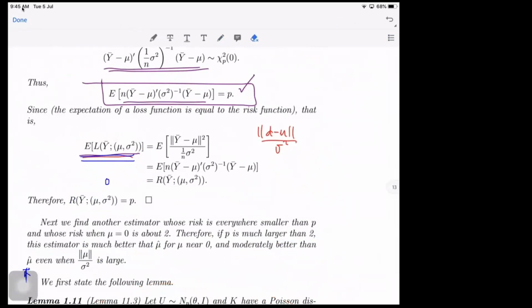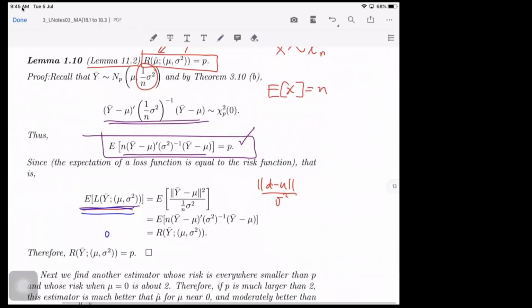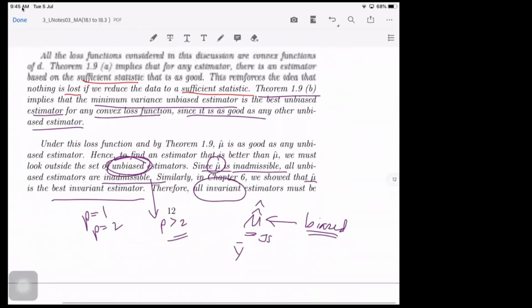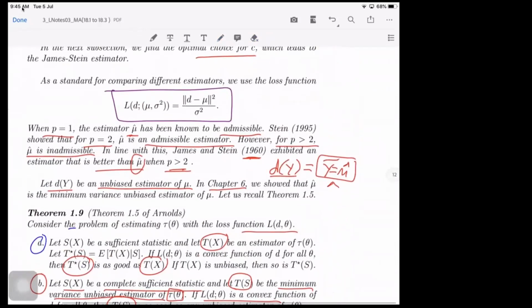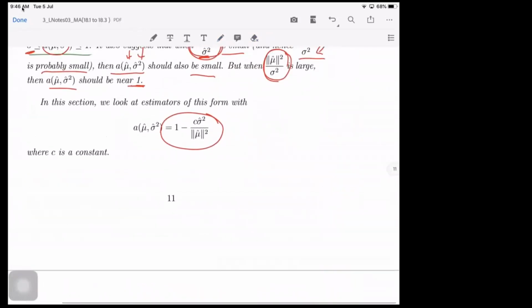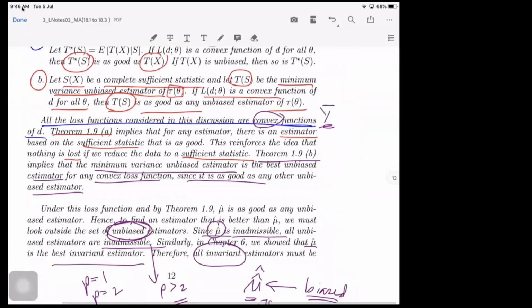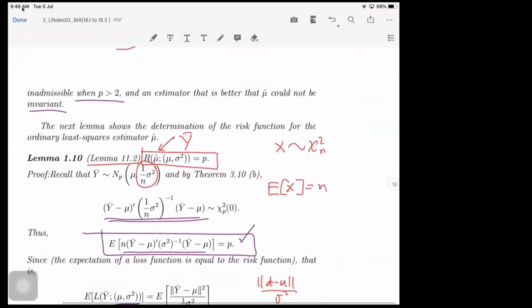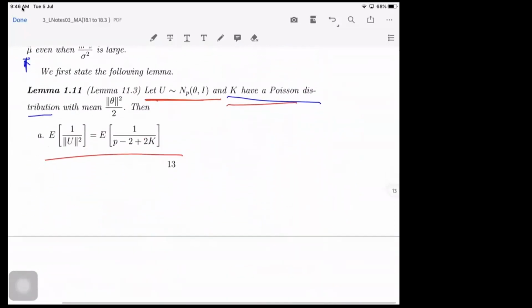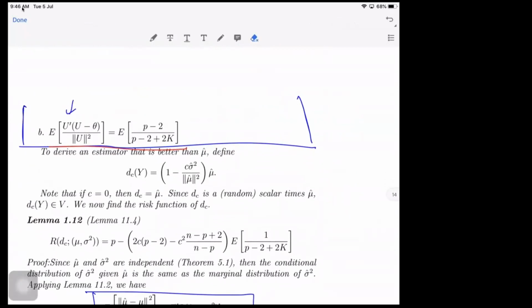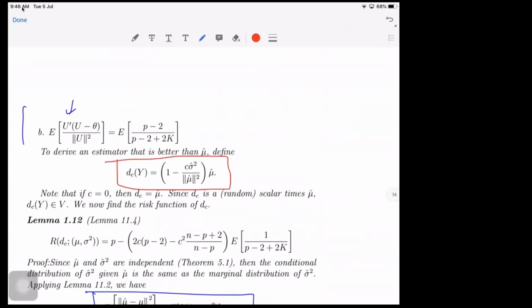Let's review. So our DC. Okay, here. So what you have here is mu hat minus mu hat C sigma squared over the square norm of mu hat.